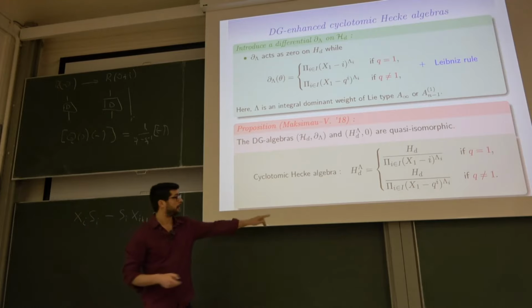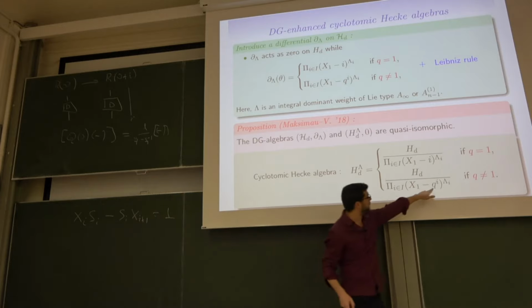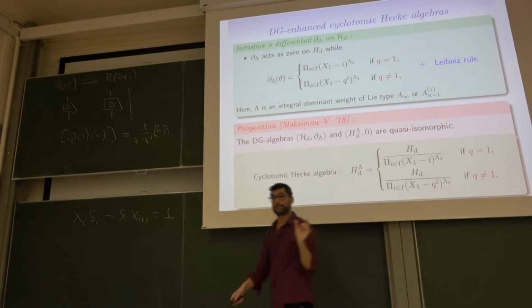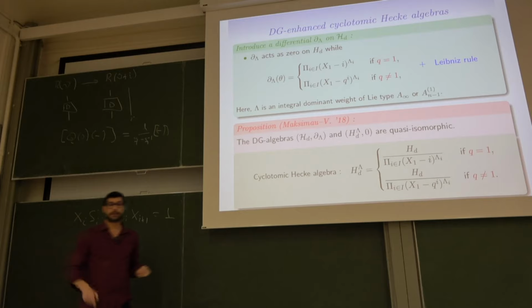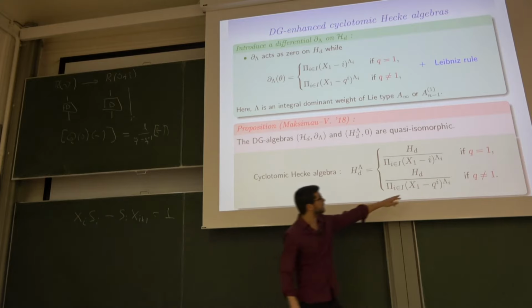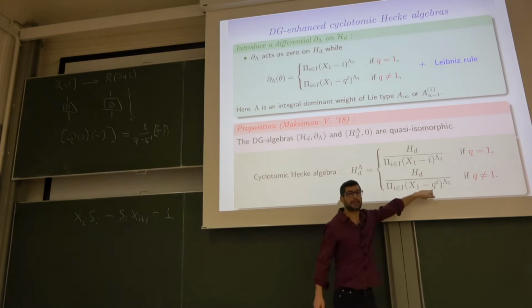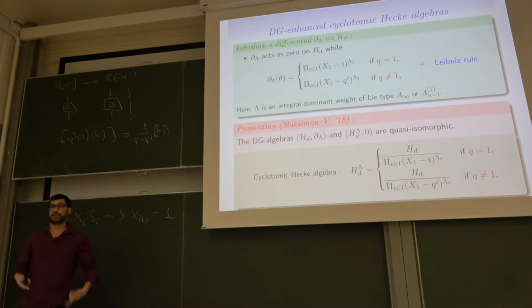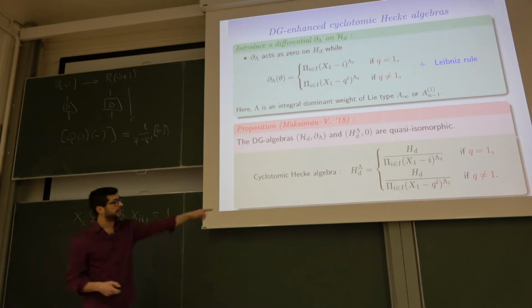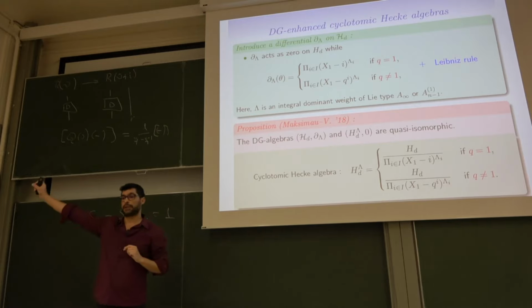Actually, we can replace this by more general eigenvalues for the polynomial action, and it works as well. This is exactly what is used in Brundan and Kleshchev's paper, but there are more general versions. But this makes clear the connection between Hecke and KLR.